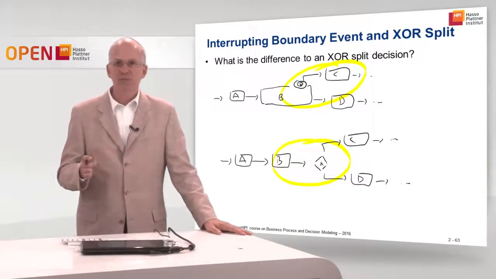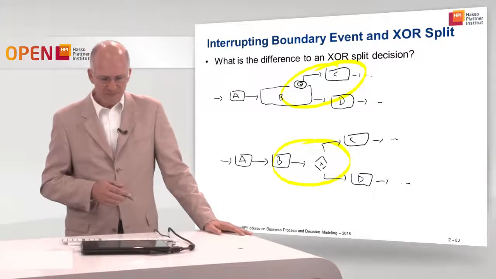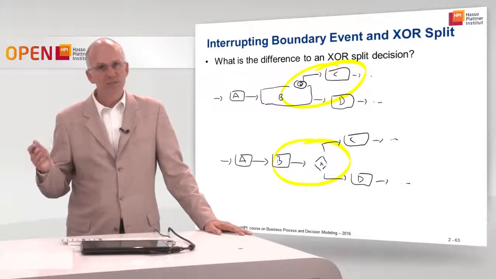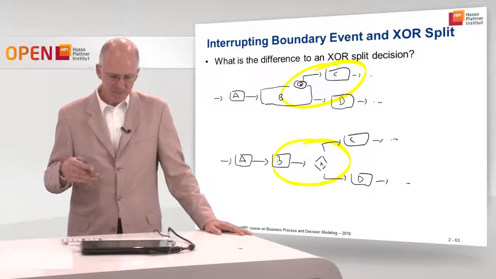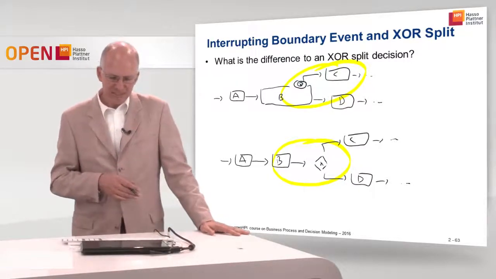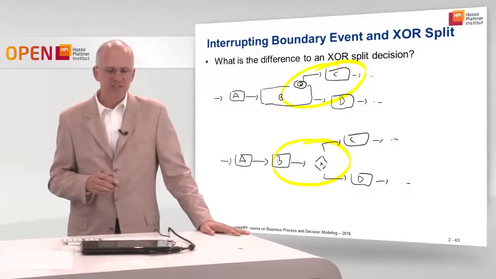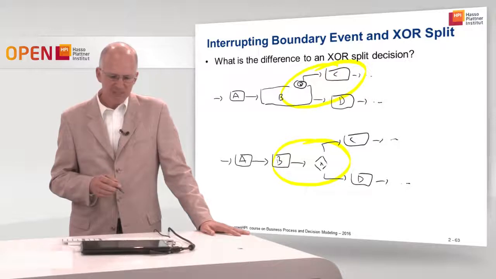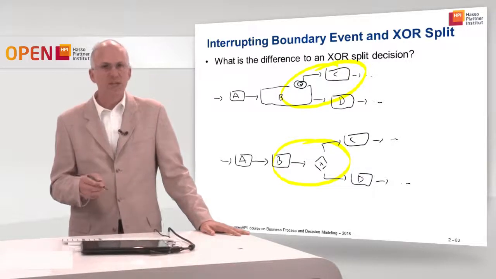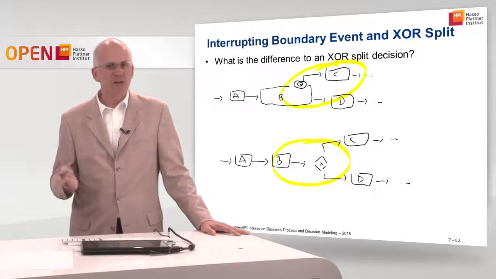B terminates just normally, and then there is a decision about whether to use C, the error handling, or whether to use D. So it is a decision that is based on conditions that are attached to the sequence flow edges, as we know. But in the upper part, the decision is not specified by a condition, but by an occurring event, by an error event.